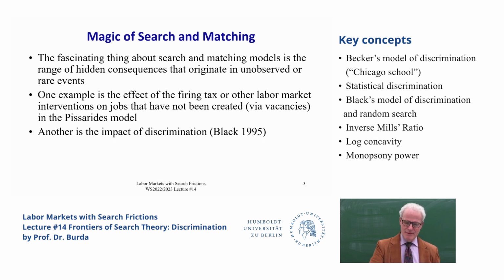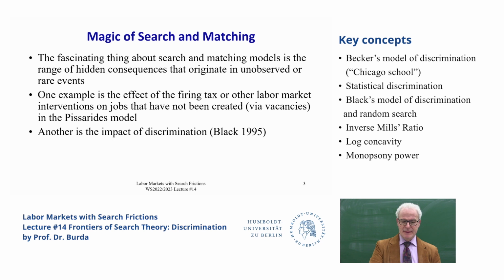And when you have incomplete information, or if you have a search situation where you have random search, this is a fairly frequent outcome. So this is one example of where the search and matching approach would actually undermine the so-called Becker expectation that discrimination is generally not a profitable activity and would eventually just dry up and blow away if we just let the market work.